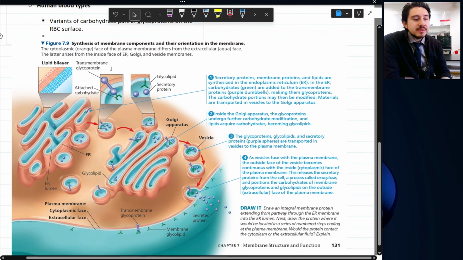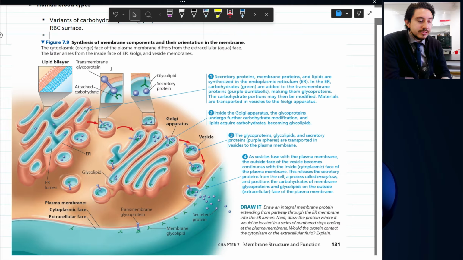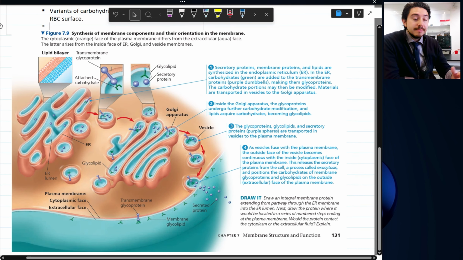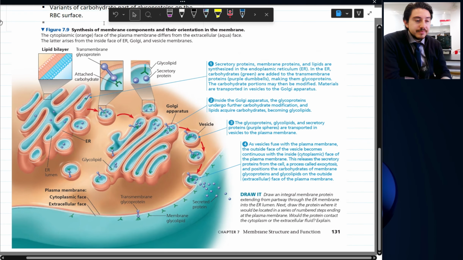This is a nice schematic of the synthesis of membrane components and their orientation. Orientation is always important because you need to know where you're going to add those recognition sites and recognition molecules to be used effectively, right? So just to go into these little notes here: synthesis and sidedness of membranes.